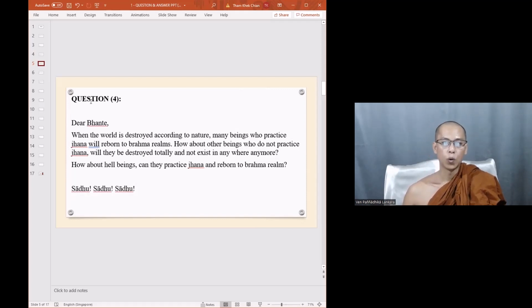For the others, according to their karma, if their wholesome karma has the opportunity to give rise to the next life when they die by the destruction of nature, they will be reborn in the respective plane of existence in another world cycle.